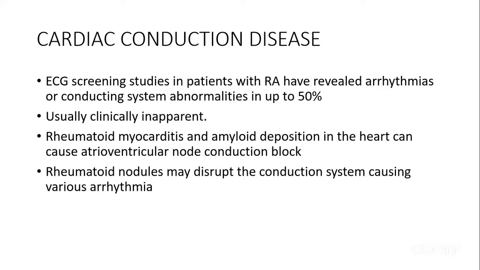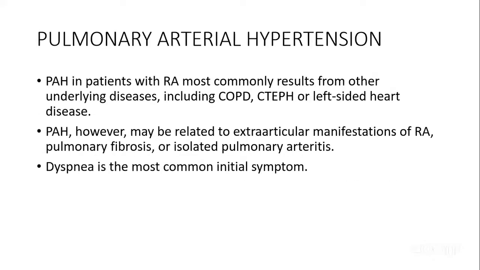Like I said, the picture of the patient you'll be expecting is a younger patient, female, coming up with all these presentations. So you will need to do your findings, take your history, check them, do your blood test, do your x-ray, look at the joint, and be able to make your appropriate diagnosis.